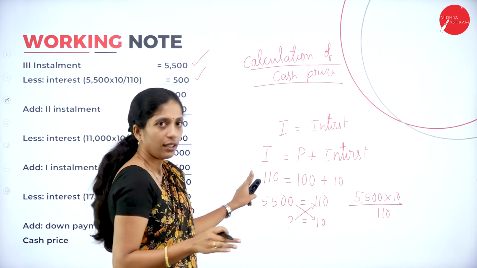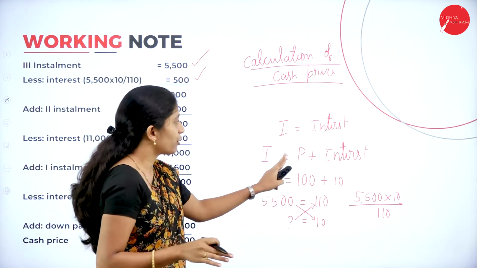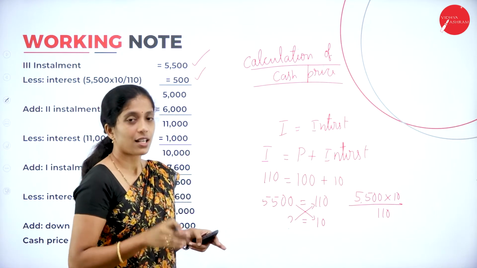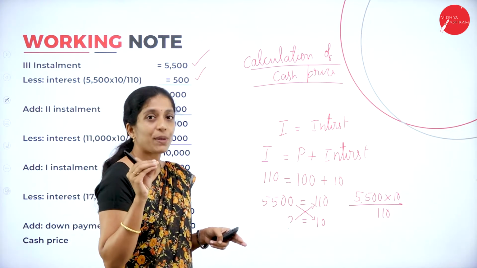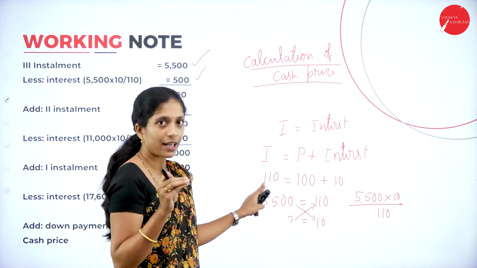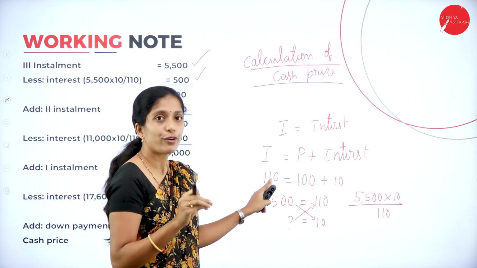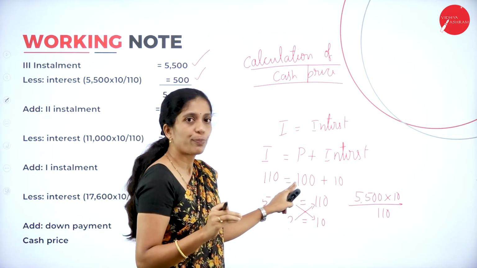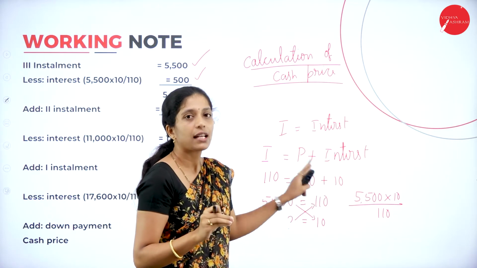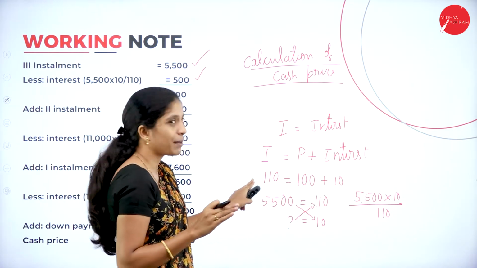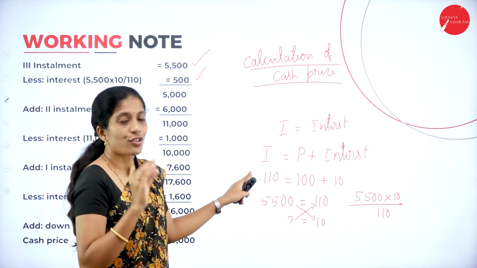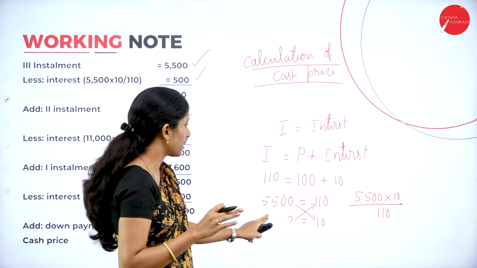So, what is the formula? Installment is equal to principal plus interest. Now, let us assume we don't know the principal, we know the installment. As I told, it is inclusive of interest. So, let us assume principal is equal to 100 and interest is 10. So, installment is 110. They have given third installment is 5,500.